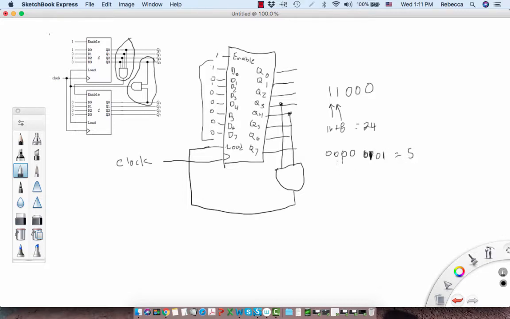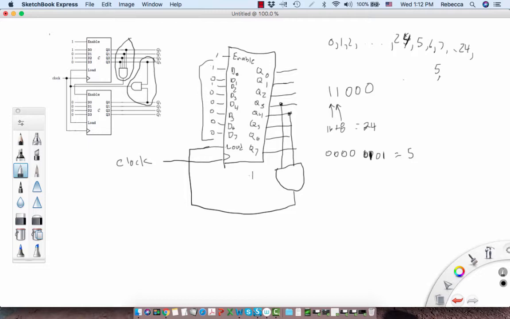So if we start from any value from 0 to 24, it will count up to 24. So 0, 1, 2, up to 24, and then it'll load 5, 6, 7, and it'll count up to 24. And then it'll load 5, and it'll count up to 24, and so on.